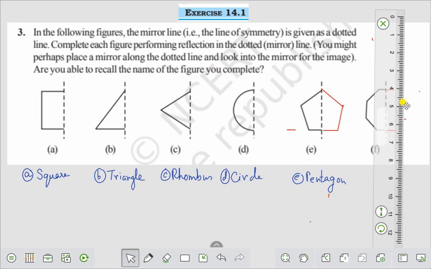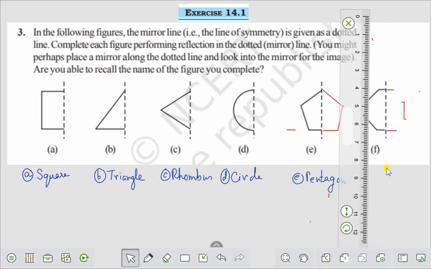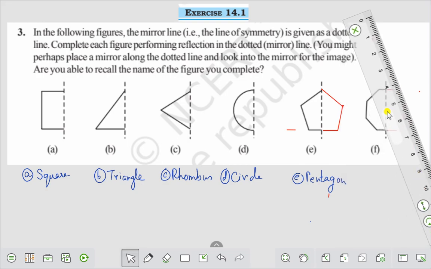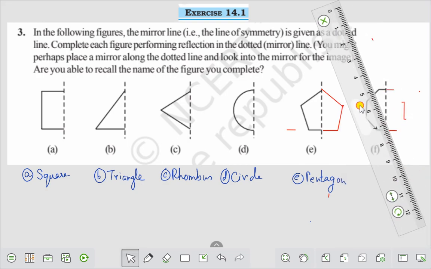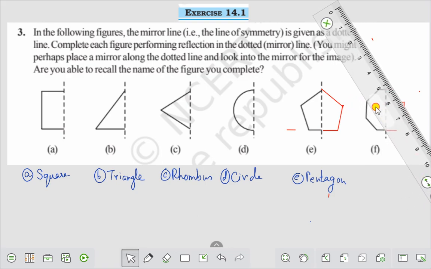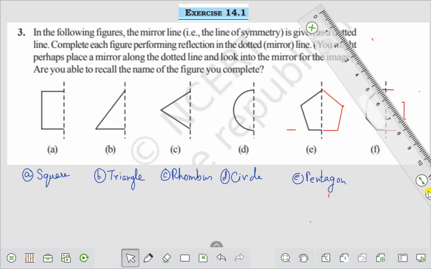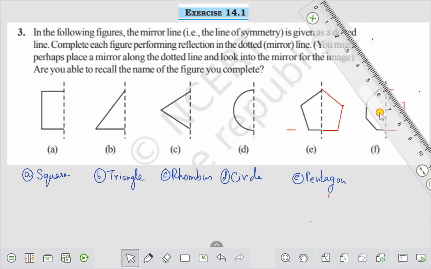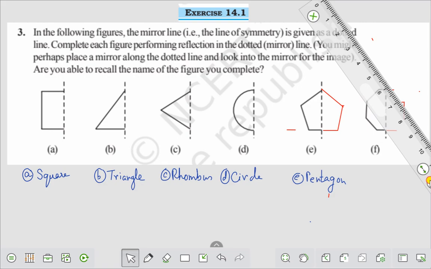Draw this line first, and then draw this one on this side. Draw this line, right?